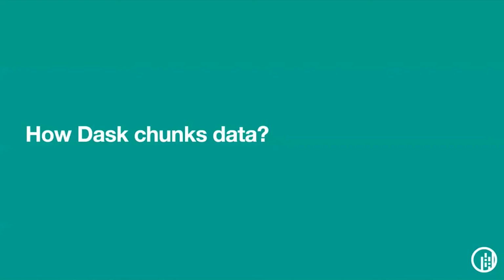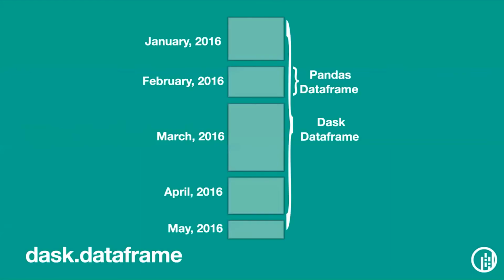So let me start with a quick recap of how Dask chunks the data. Dask data frame chunks the data along one dimension. So in this example, it just splits the Dask data frame into pandas data frames based on time period, or you can have it just based on the order if you don't have anything specific you want to work with.